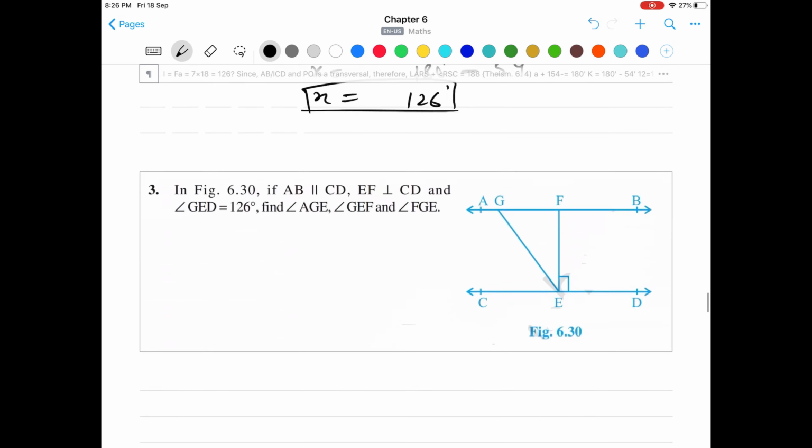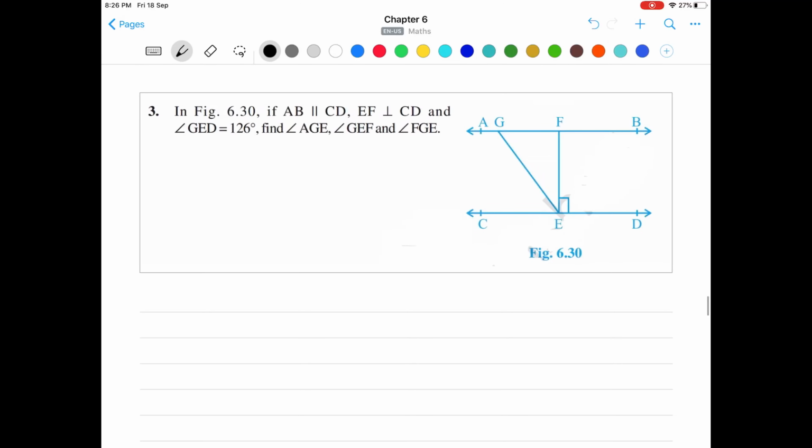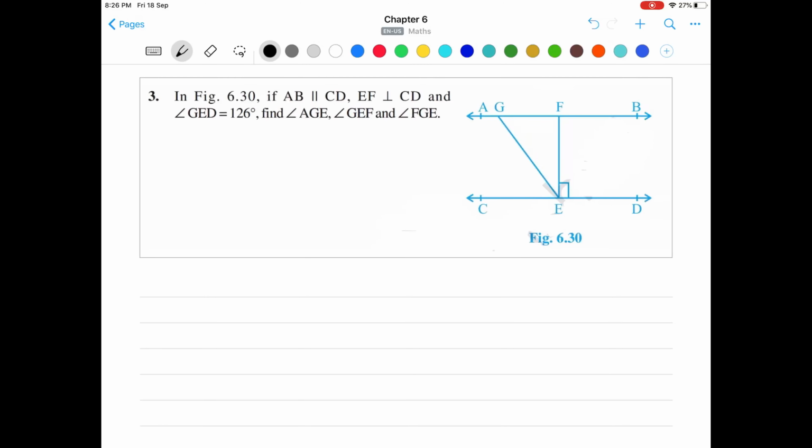It's very simple. Now moving to the next question, in figure 6.30, AB is parallel to CD, and we are given that EF is perpendicular on CD. Okay, so that means this angle here is 90 degree.